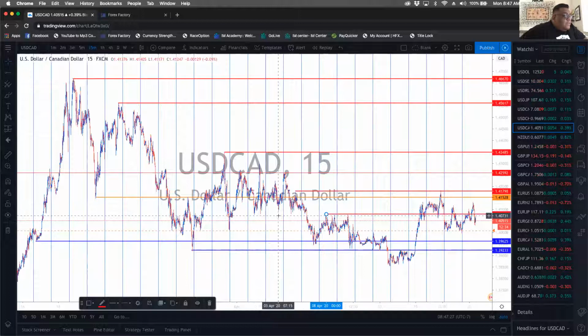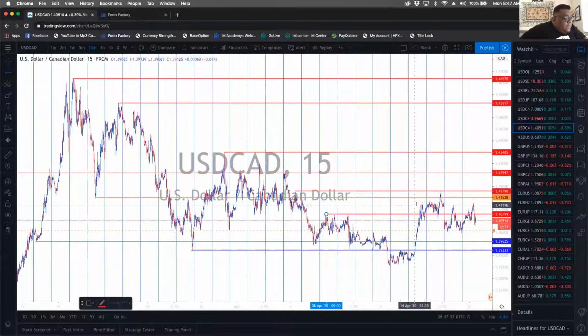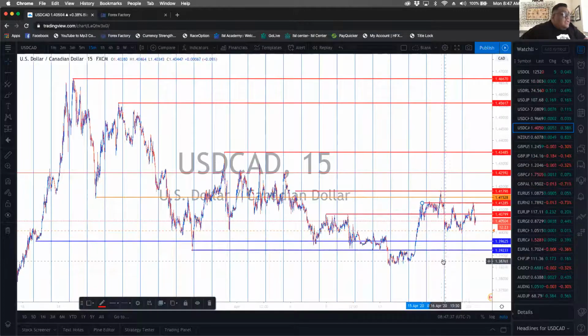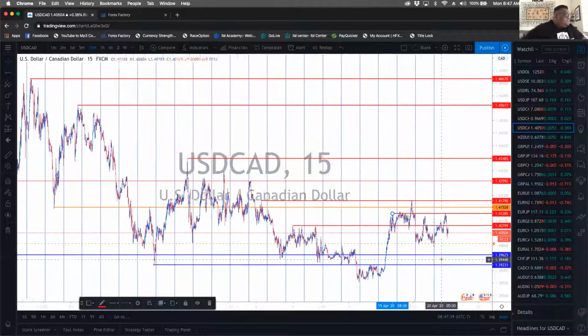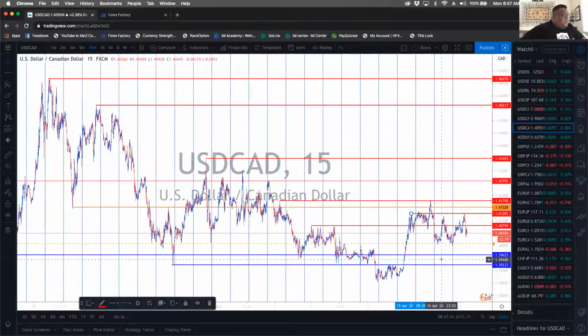Yep. That's closer, more impactful. And then the last one is going to be right about 1, 2, 3 here. Now, those are our supports and our resistance that we marked up for the 15-minute chart.